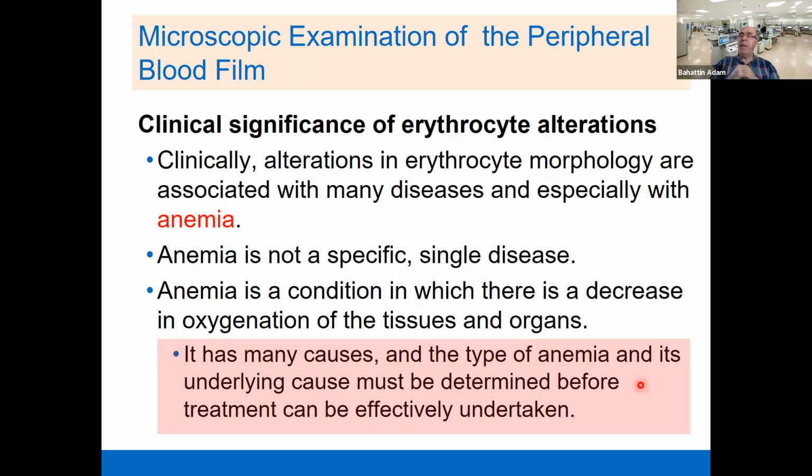Okay, it has many causes, and the type of anemia and its underlying cause must be determined before treatment can be effectively undertaken. As I told you, the alteration in size and the alteration in color tell us about the causes of anemia.